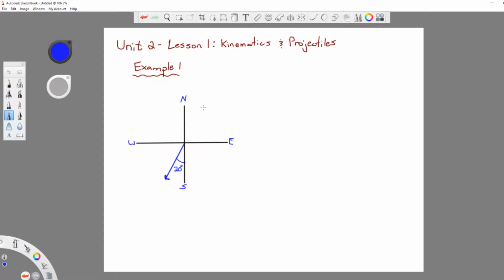The way we typically describe an angle with the NEWS method is the angle at which we have the measurement given to us. We say it's that many degrees from the measured angle. So in this case, we're going to be measuring from the south because our angle is from the south.